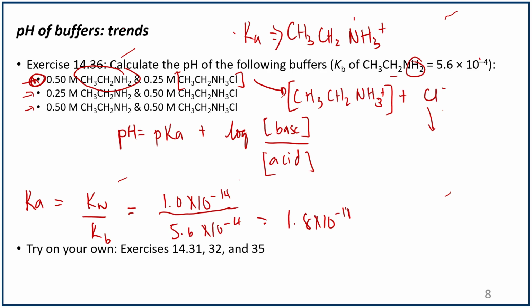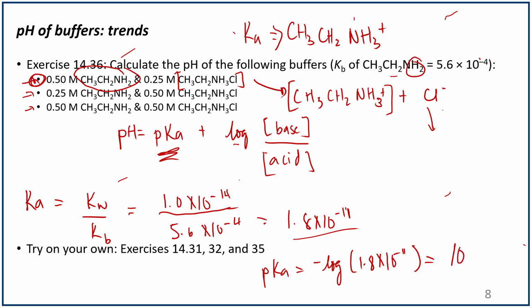Since the equation asks us for pKa, let's just get the pKa so that we can plug in a simpler number, instead of something in scientific notation. So the pKa is taking the negative log of 1.8 times 10 to the negative 11, and that should give you 10.74. So 10.74 is the pKa of ethyl ammonium.